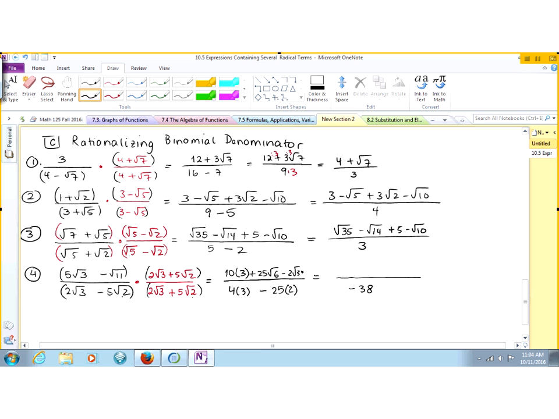Inner, minus 2 square root of 33. Last, minus 5 square root of 22. All right. So can I simplify anything here? Well, 10 times 3, I have to write 30 plus 25 square root of 6 minus 2 square root of 33 minus 5 square root of 22.